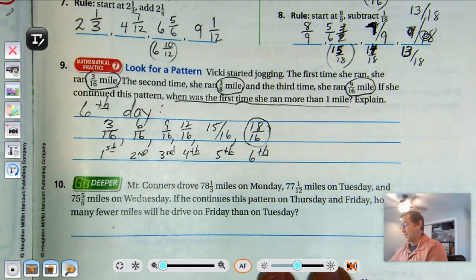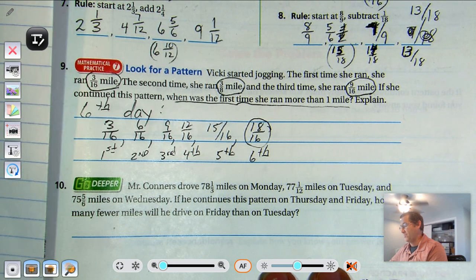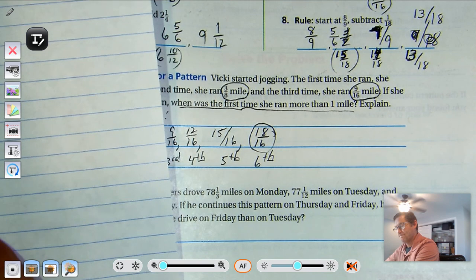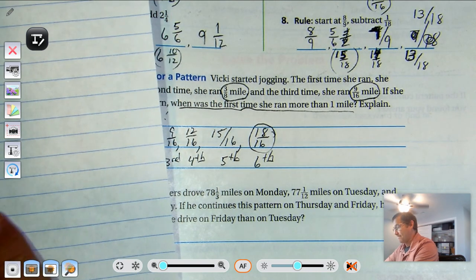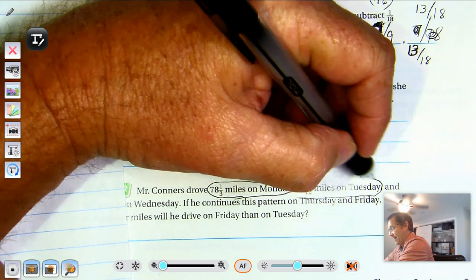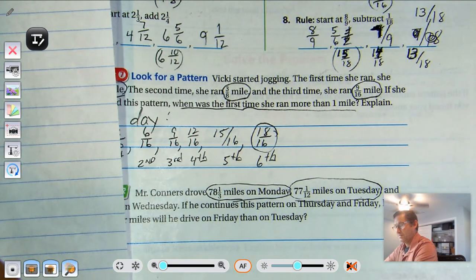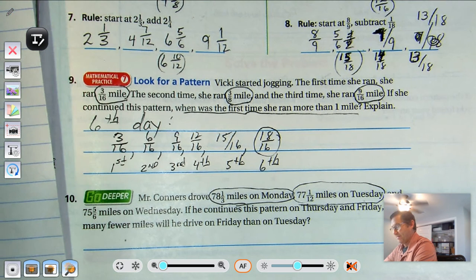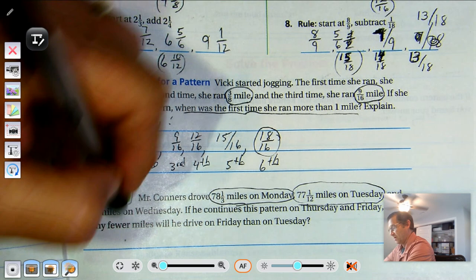Number 10. Mr. Connor drove 78 1/3 miles on Monday, 77 1/12 miles on Tuesday, and 75 5/6 miles on Wednesday.